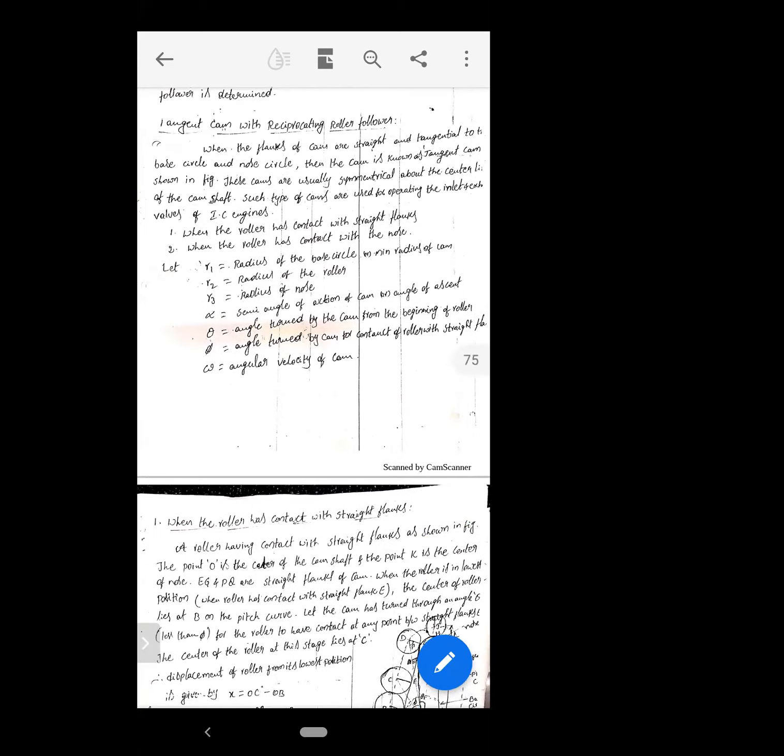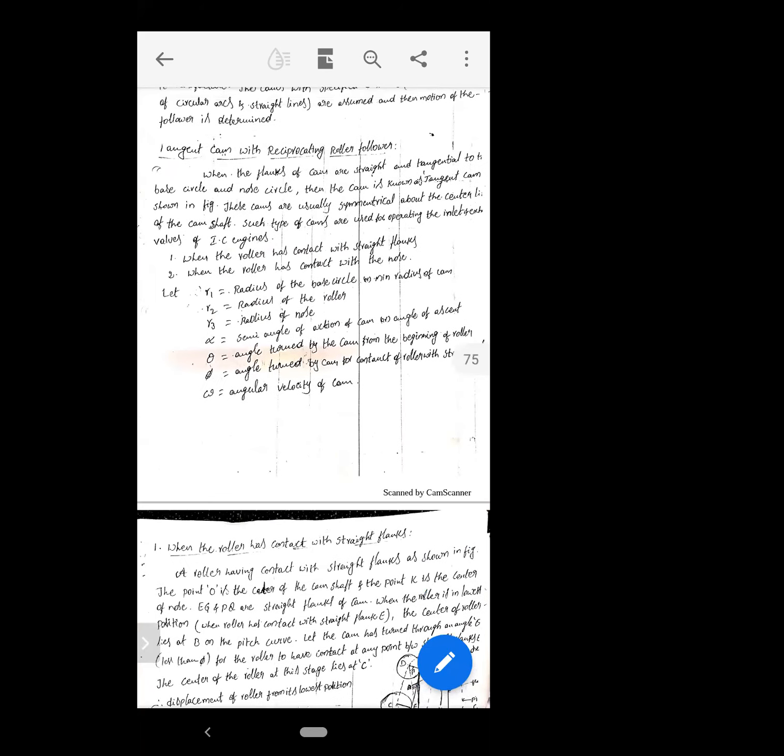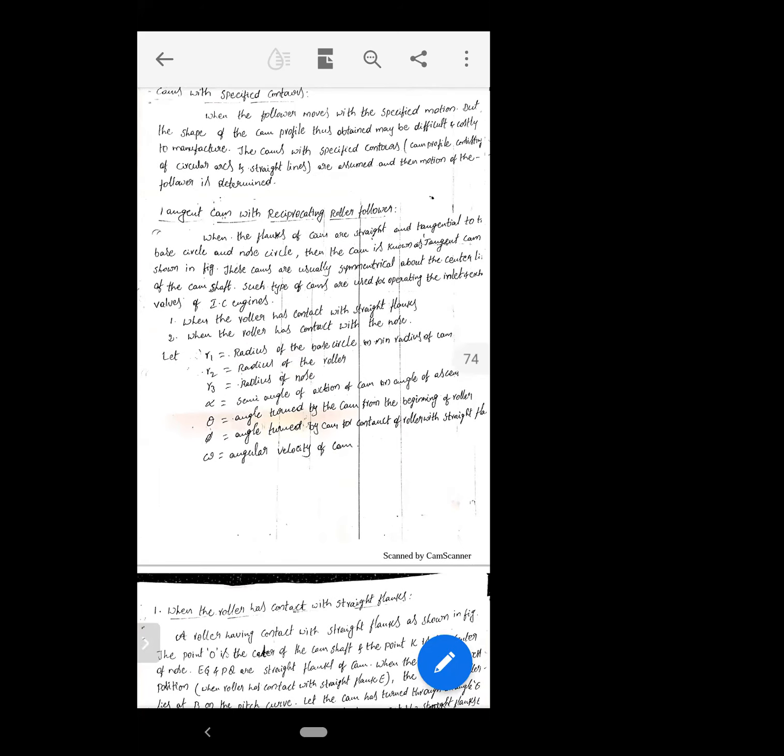Before going to the derivation part, let us see the notations.